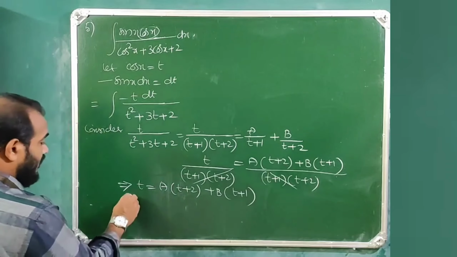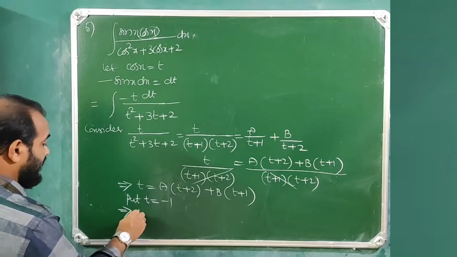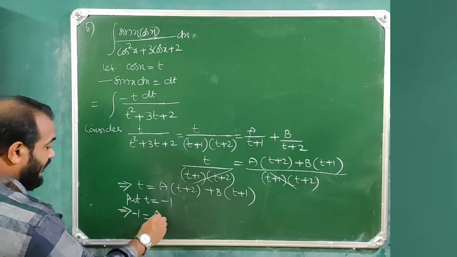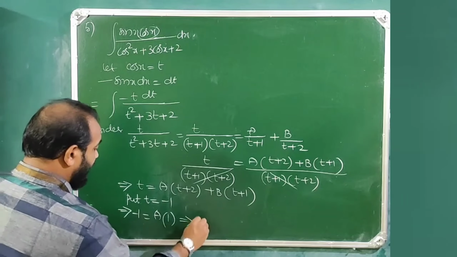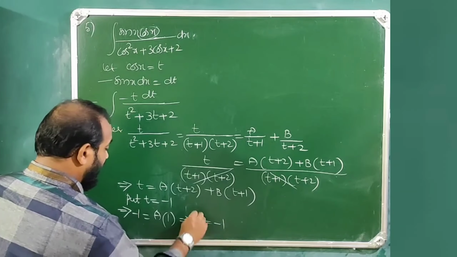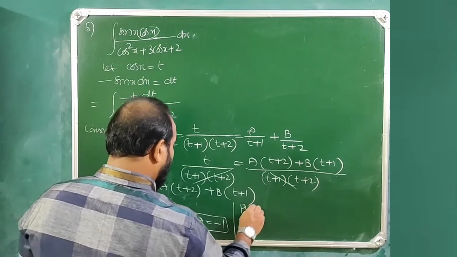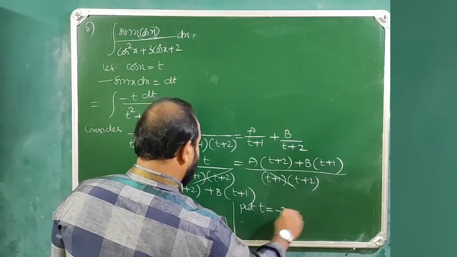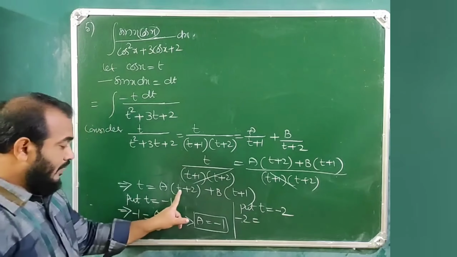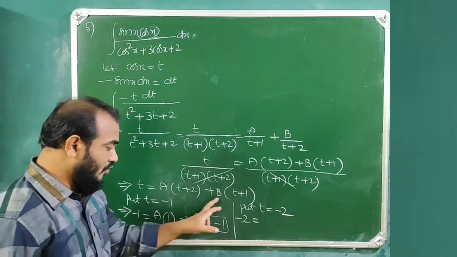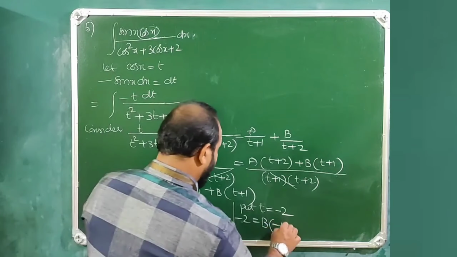So put t equals minus 1. So minus 1 is equal to a into minus 1 plus 2, which is 1. So from this a is equal to minus 1 we got. Likewise, put t equals minus 2. So minus 2 is equal to, if you substitute here a term will be 0, so b into minus 2 plus 1 is minus 1.